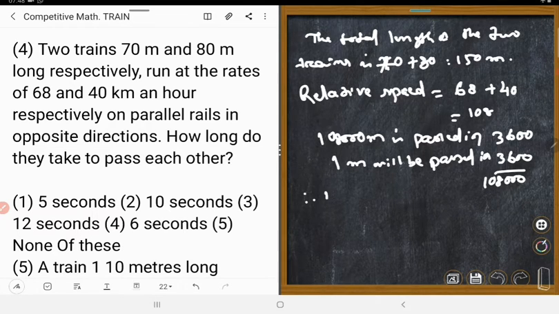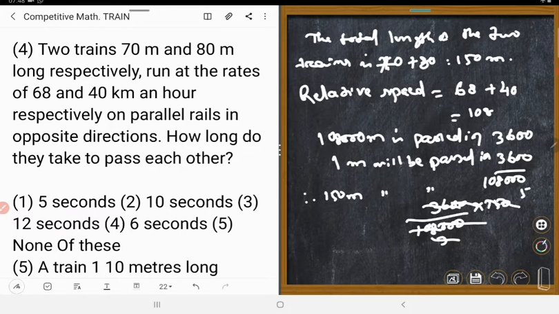Therefore, 150 meters will be passed in 3,600 upon 108,000 into 150, right? So the zeros cancel, 36 3 da 3, 5 da, so that is 5 seconds.